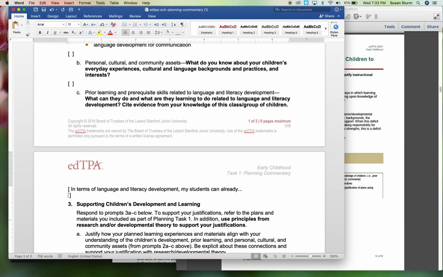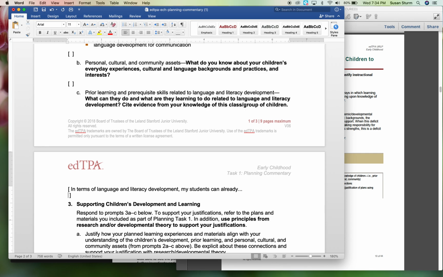So if you're teaching them about descriptive words in their writing, then you would want to talk about the other kinds of prior writing that they've done and those prerequisite skills that you know of. So previously they learned how to write complete sentences, or previously they learned how to write narratives, and now we're going to go back in with descriptive language, we're going to build on that to teach them the next skill in that sequence.